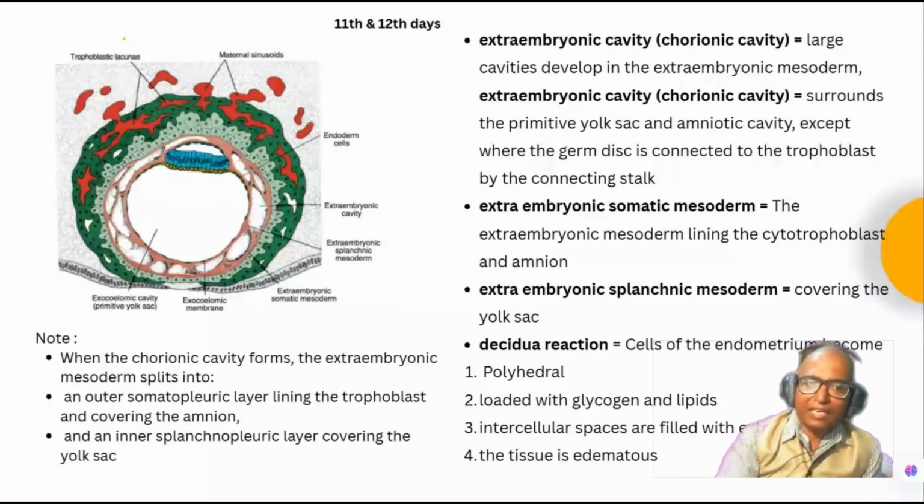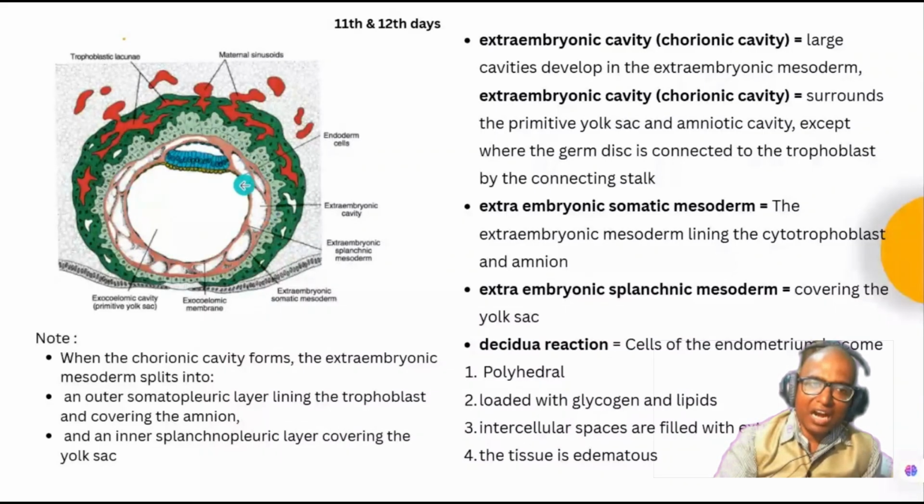Somatic and splanchnic. The one which lines the yolk sac is the splanchnopleuric mesoderm, and the rest of the mesoderm is the somatopleuric mesoderm. So the extraembryonic mesoderm gets divided into two by the formation of this cavity.